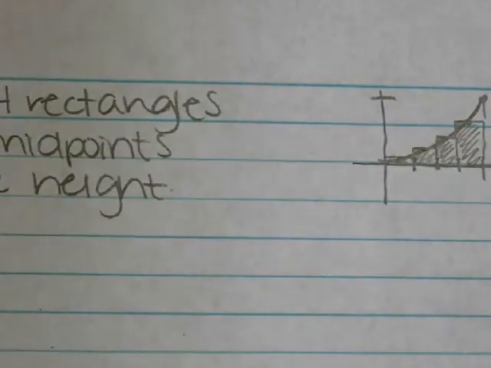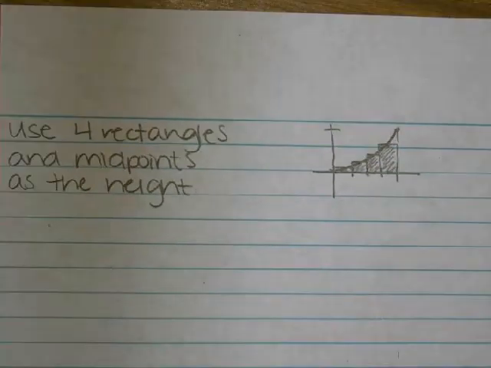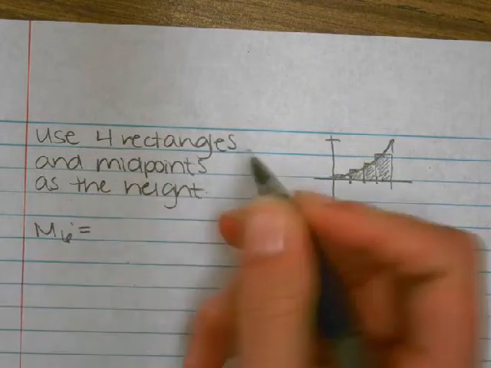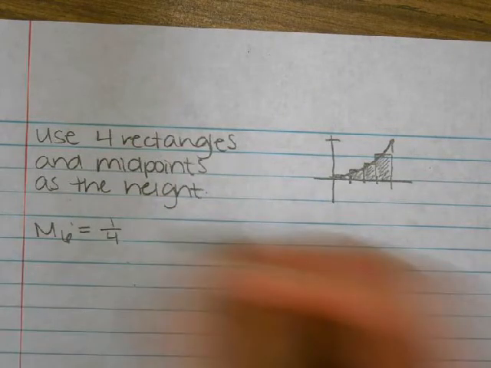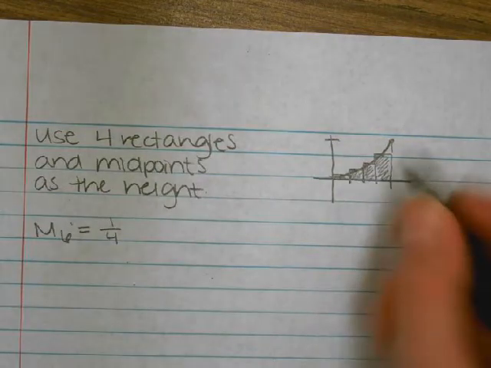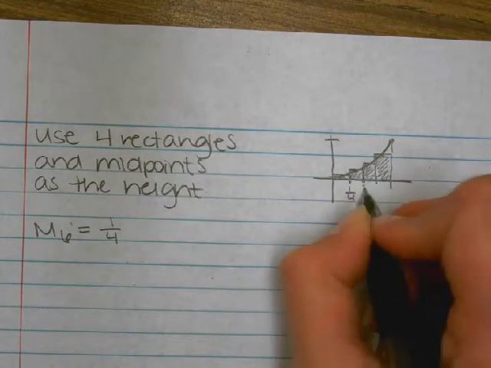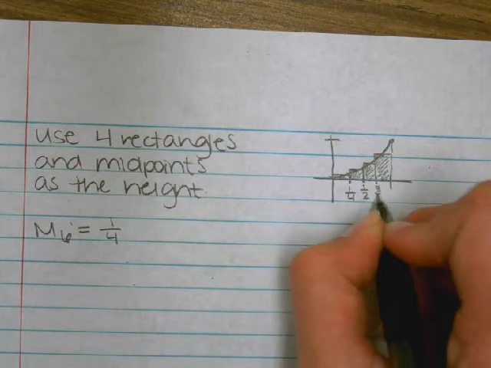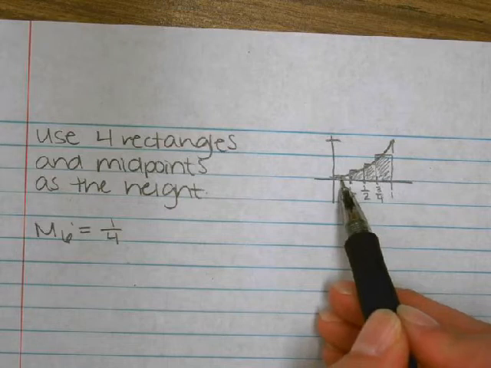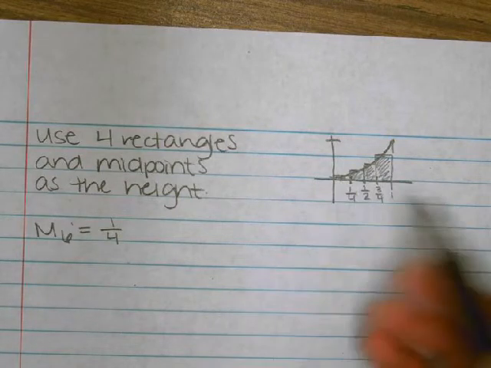So again, we're going to go ahead and write down the sum of these rectangles. So I'm going to say M sub 4 for midpoint. The width of each of these rectangles is still 1/4, but the height is going to be calculated a little bit differently. So the height is calculated based off the middle of these two numbers being plugged into the equation, because the height comes from where you intersect the curve.